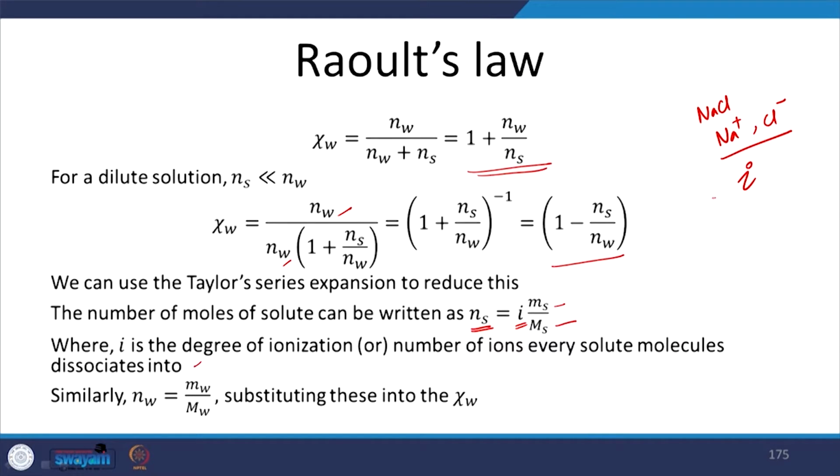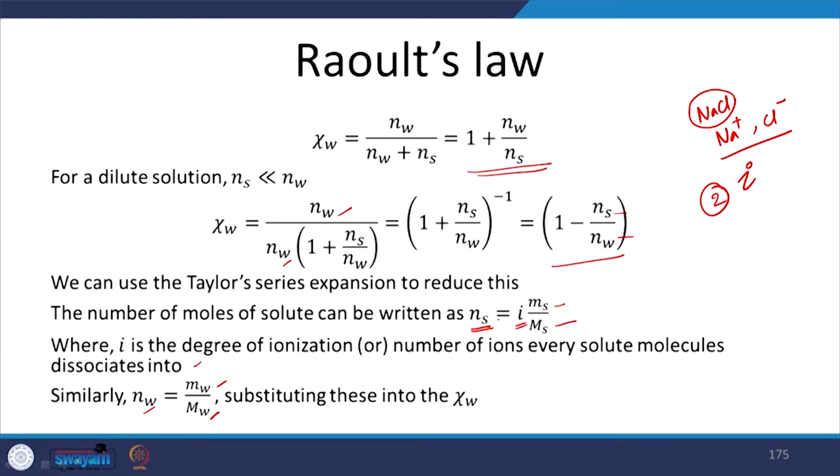In this case it is 2, that means the solute molecule, NaCl, that you are adding, is dissociated into 2 ions, Na plus and Cl minus, right. NW will stay the same. NW is the number of moles of water, the amount of water divided by the molecular weight of water. Substituting these two, NS is now written as i times ms by capital Ms.